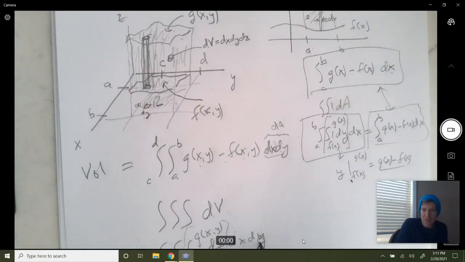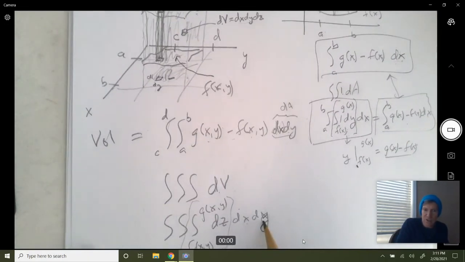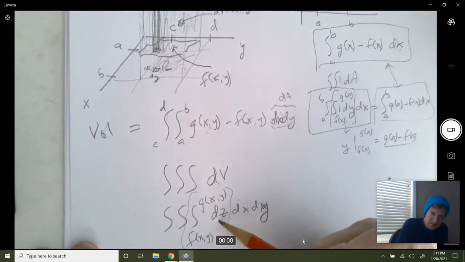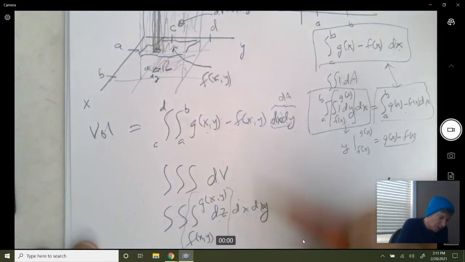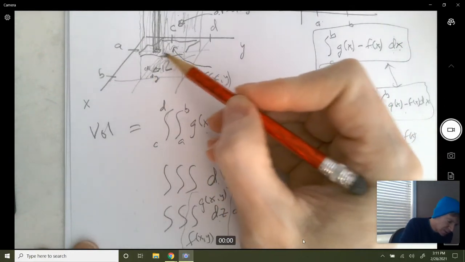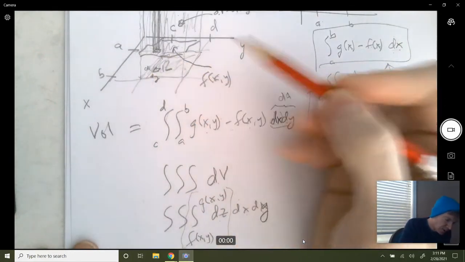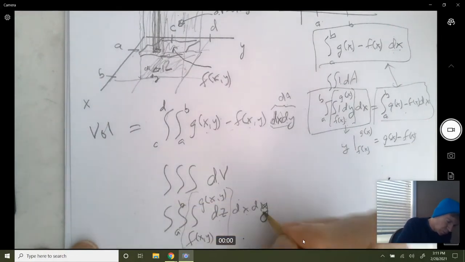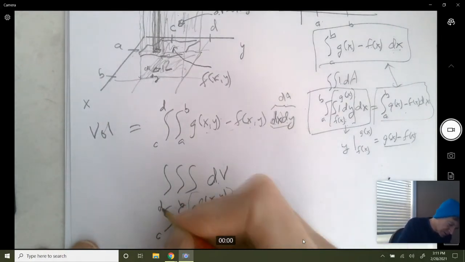And that region is going to be the region that you've projected onto the xy plane. If you've already taken care of the z's, now you're projecting onto the xy plane, and that's this region down here. So your x goes from A to B, and your y goes from C to D.